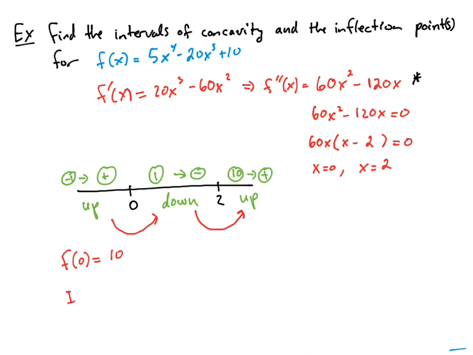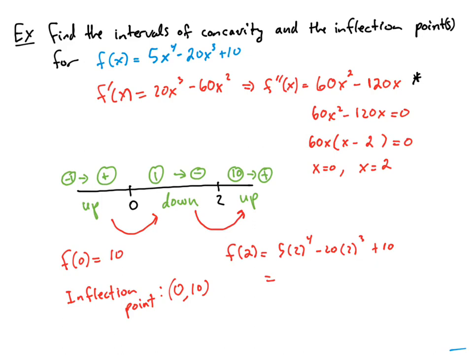So for our inflection point, the first one we have is 0, 10. And then I'm going to input 2 into the function. Well, I can't do that in my head.